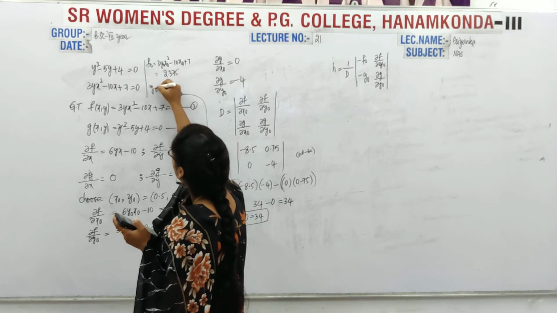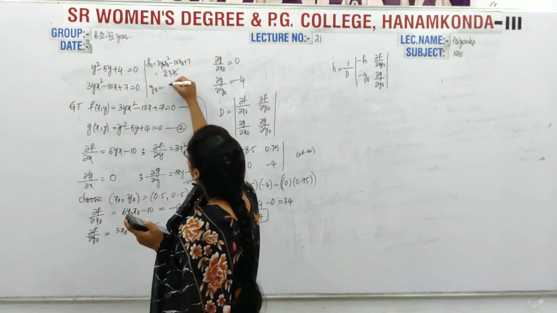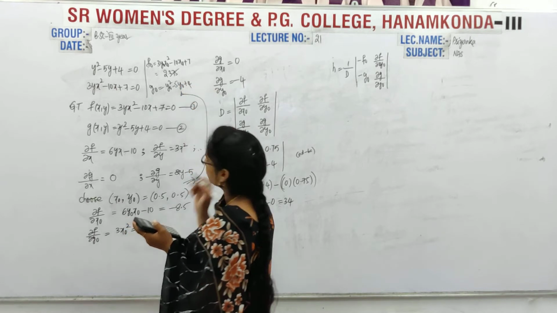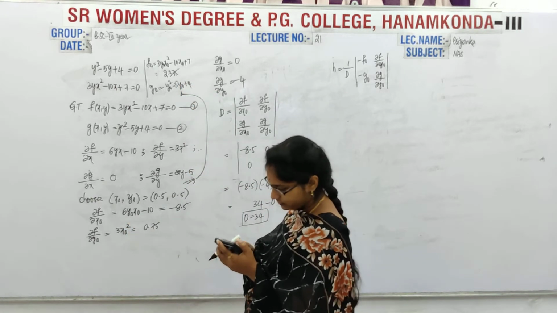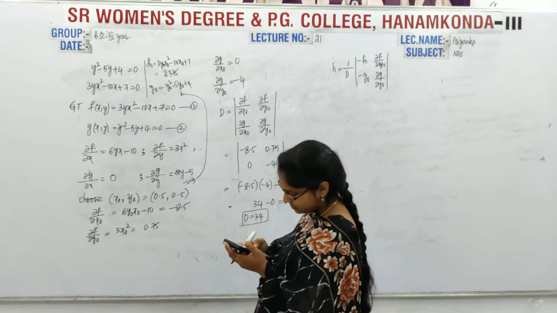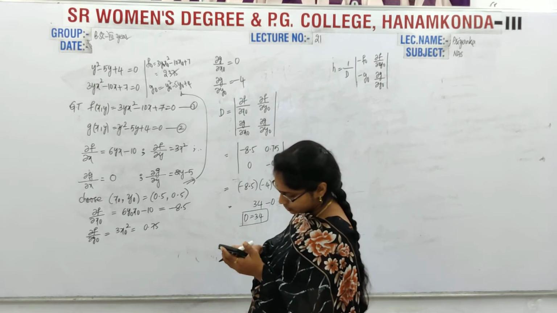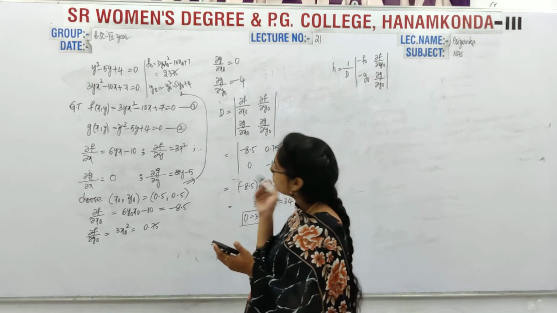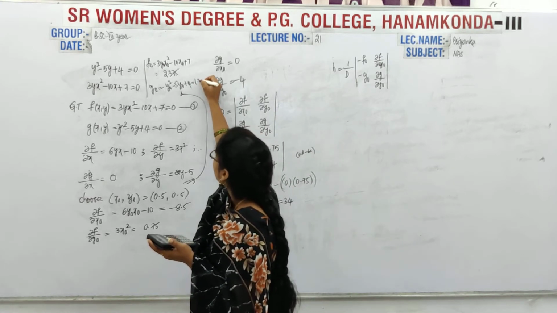Next G naught is y naught square minus 5y naught plus 4. 0.5 square minus open bracket 5 into 0.5 plus 4. What is the value? 1.75.